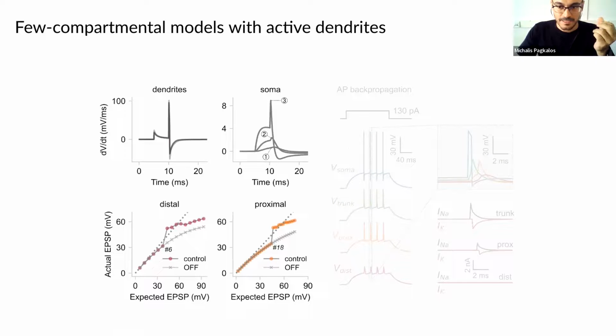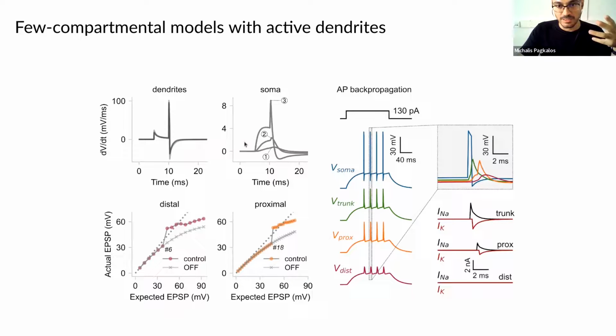Some other notable things I would like to say is that when you take the derivative of the voltage response, the response on the dendrites versus soma, you can see how dendritic spiking initiation location affects the somatic compartment. When I check the responses at the level of the dendrite, we see that they are almost identical. But you can see that the effect on the soma varies a lot based on the initiation location.